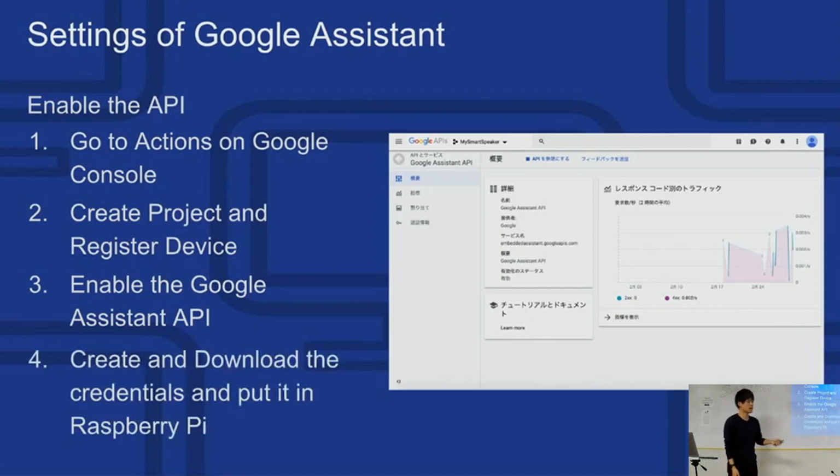And finally, you have to create a credential on this page, download the credential and put it on your Raspberry Pi. And this credential is used to call the Google Assistant APIs.